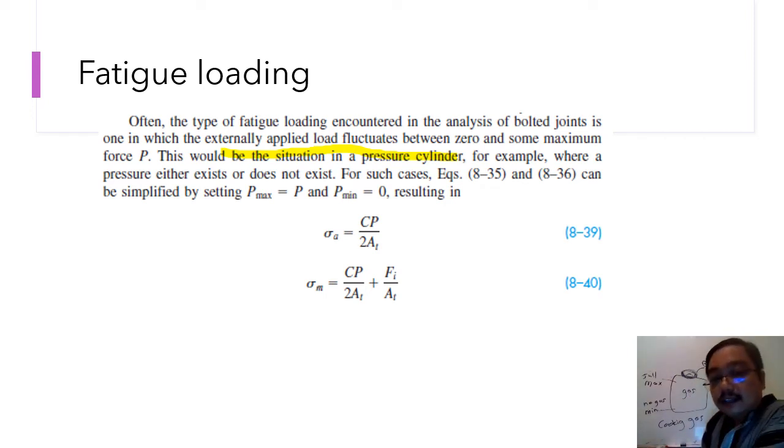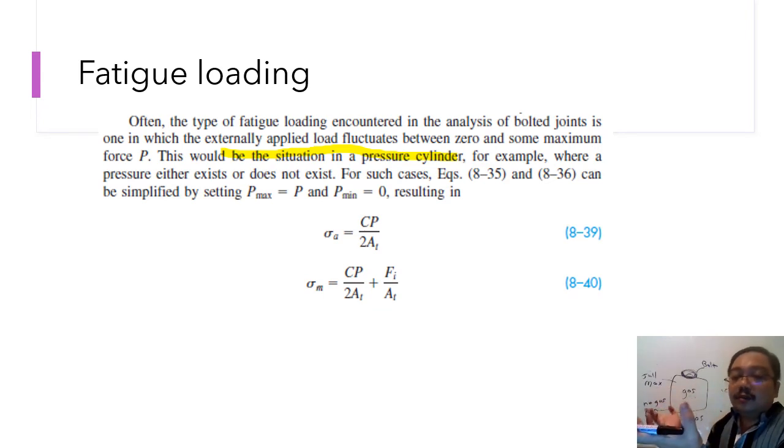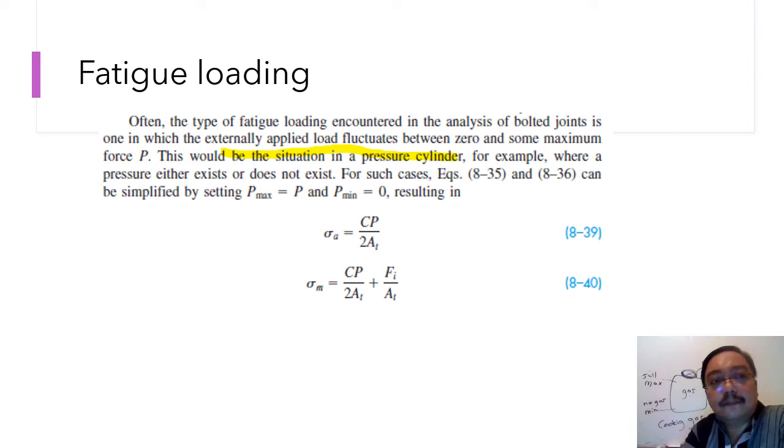In such cases, the setting will be maximum P and minimum P at zero when the gas is finished. And the alternating stress is when it is moving. Maybe you are putting it under the sun, maybe you are experiencing extreme heat in your house, it will become like that. So this is called the fatigue loading on it.